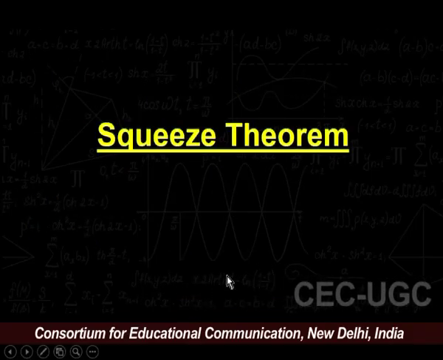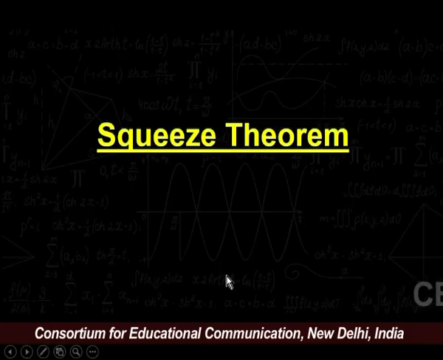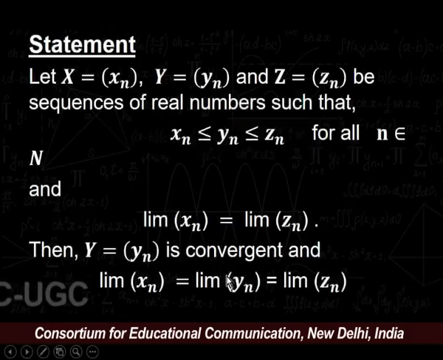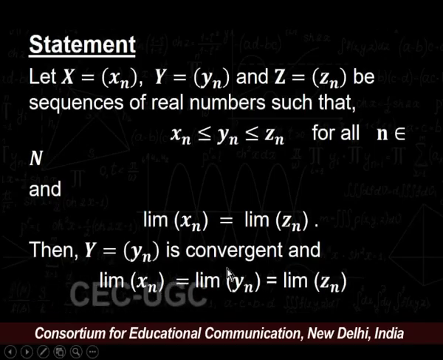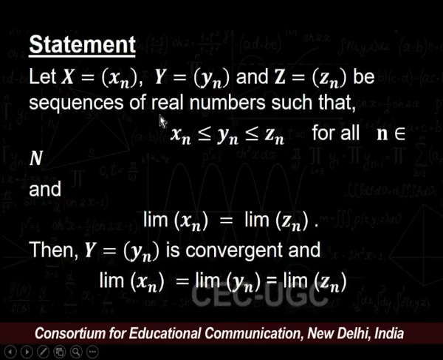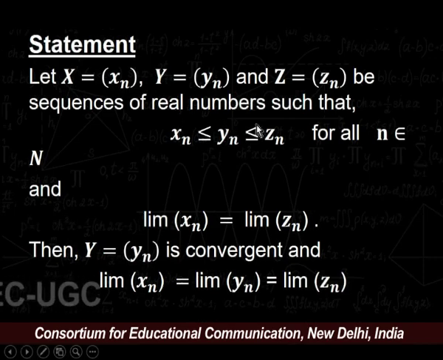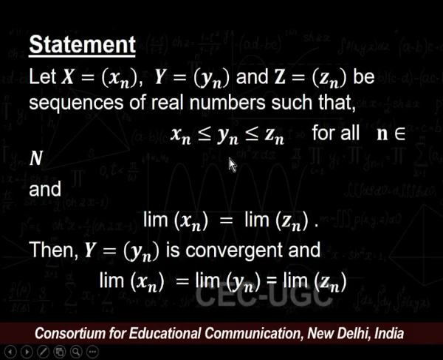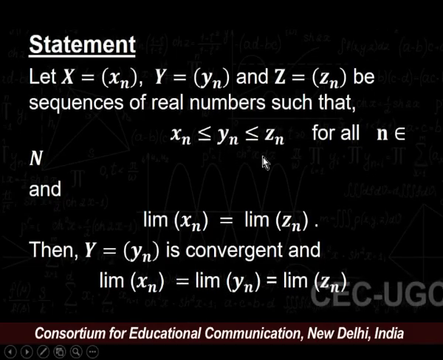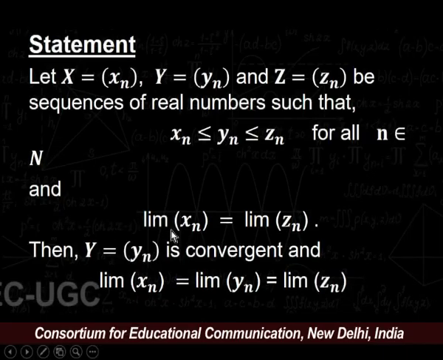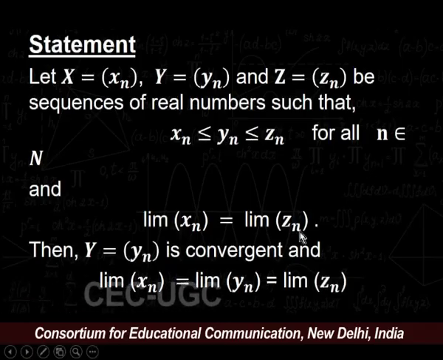Now, moving towards the next result, our next theorem is the squeeze theorem. The statement of the squeeze theorem is: let X = (xn), Y = (yn) and Z = (zn) be sequences of real numbers such that xn is less than or equal to yn and yn is less than or equal to zn for all n belonging to the natural numbers, with limit xn equal to limit zn.